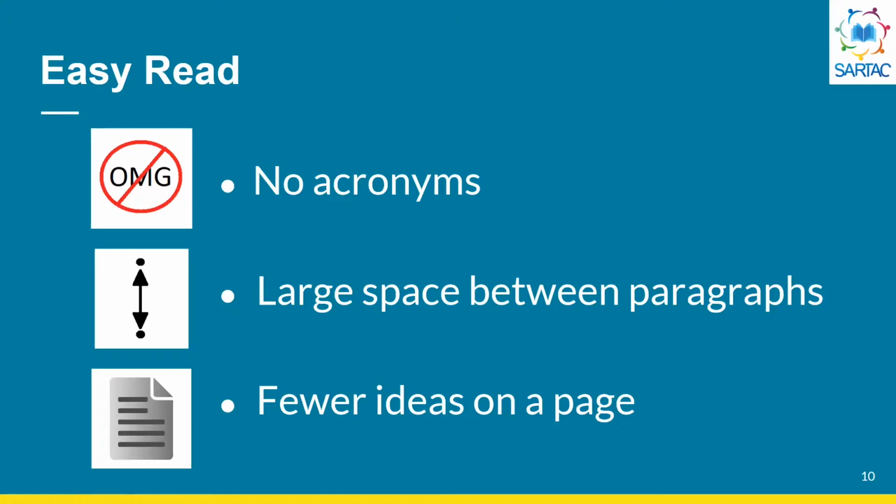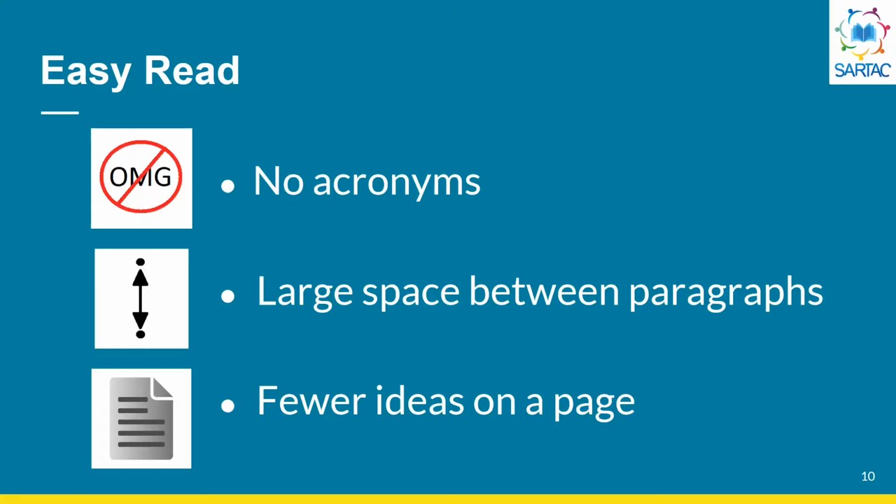So you're going to have to choose between two ways of making things more accessible and see which one works better for you. In our case, when we were talking about home and community-based services, we do introduce the acronym and then we use it. But try to avoid acronyms as much as possible. And if you're going to use them or any unfamiliar term, make sure to define it.